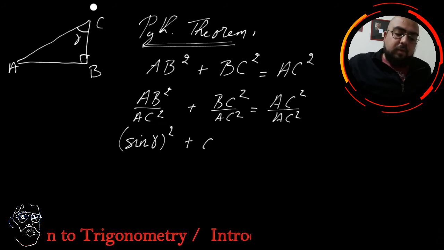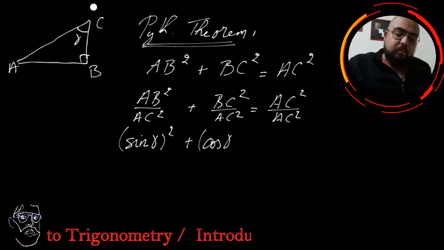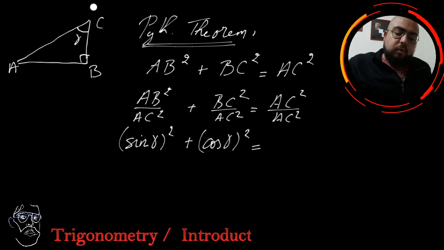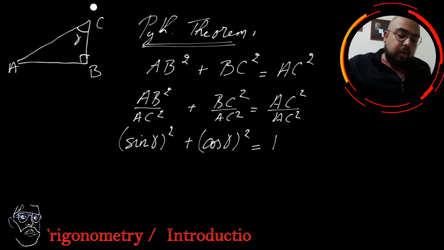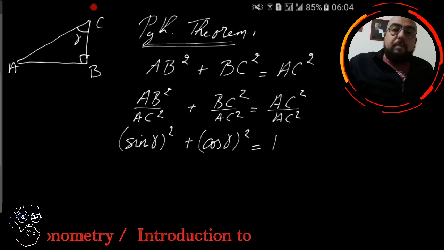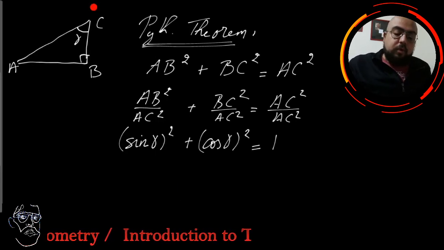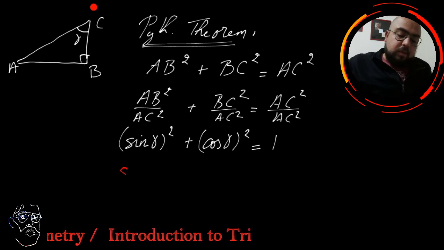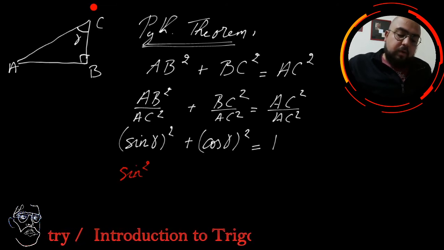It's the cosine of gamma, is equal to 1.